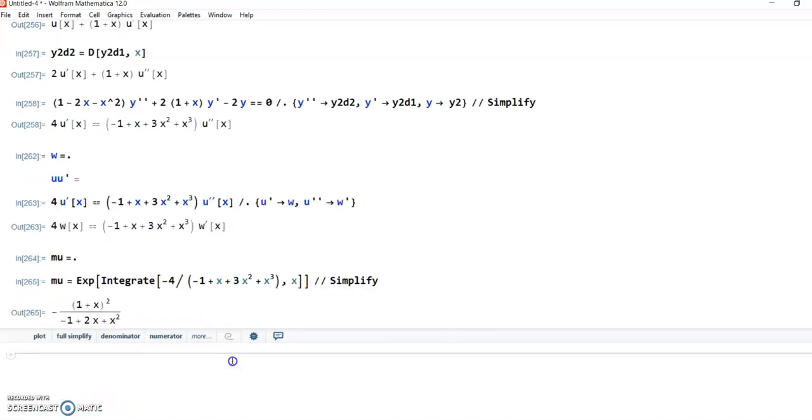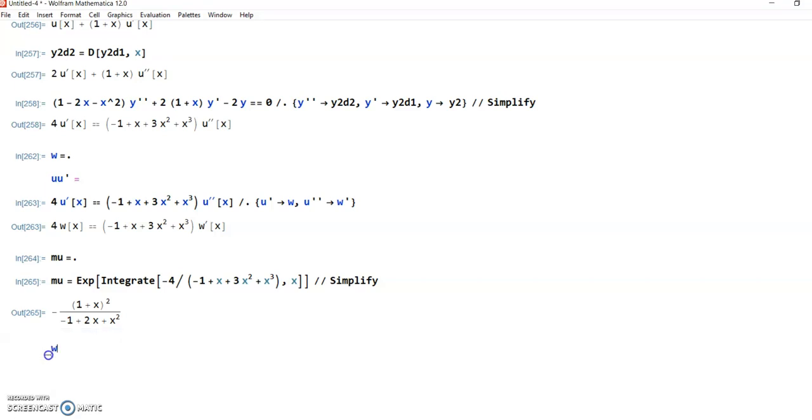So in this way I will get this value. When we apply this integrating factor, on the other side of this equation there is a 0, and then mu times w prime will be integrated, so on the left hand side it will be mu times w, and on the right hand side there will be a constant value.